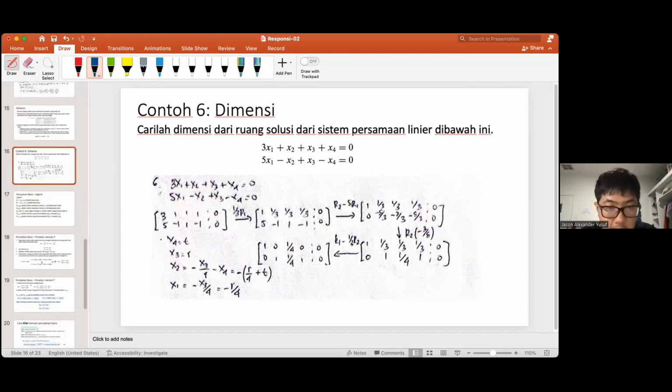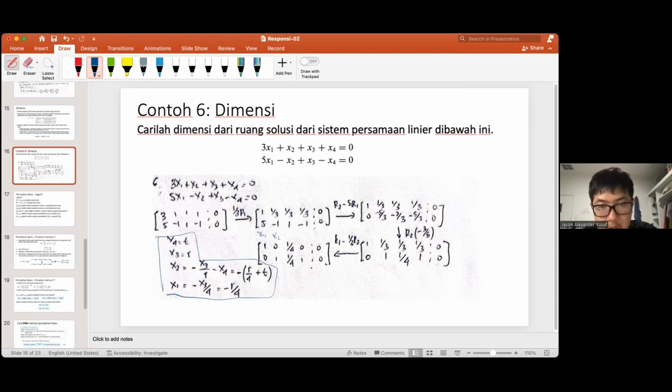Let's say here, you perform the row operations and you see that the leading ones are in x2 and x1. Therefore, x4 and x3 are parameters. And this is what you get in the end. Take a look at x2.